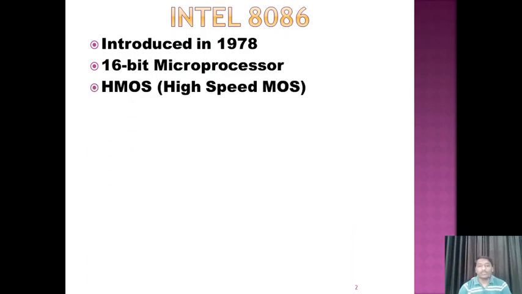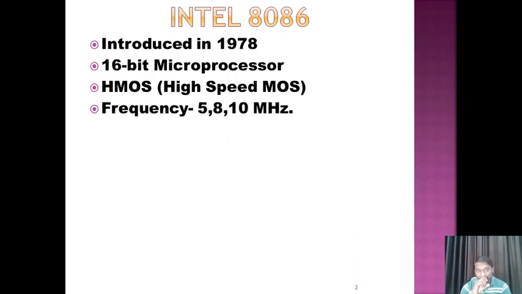Next, it is an HMOS microprocessor, high speed metal oxide semiconductor. It is HMOS, while 8085 was an NMOS microprocessor. Metal oxide semiconductor is the material on which this is built.